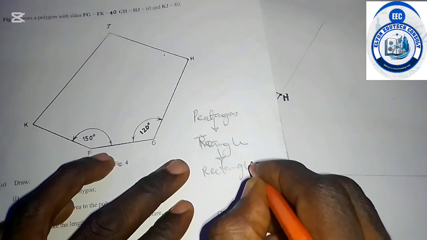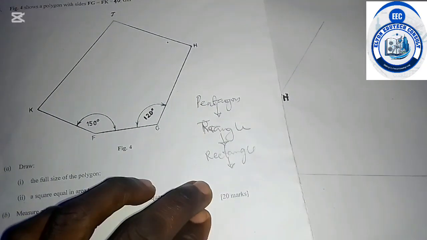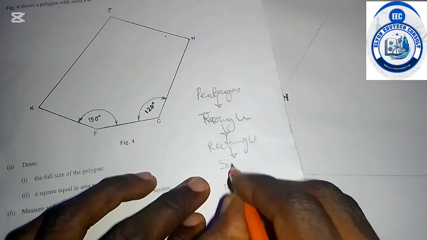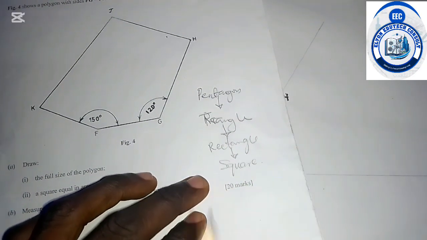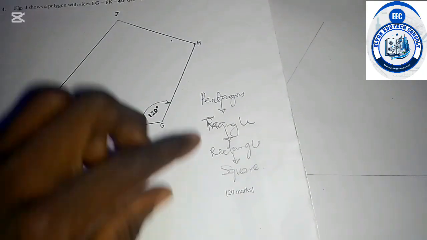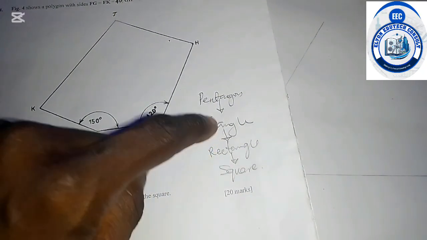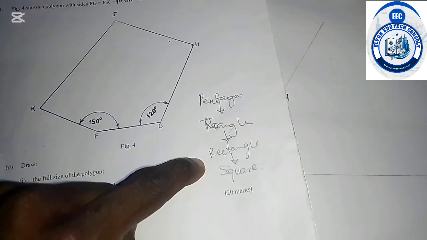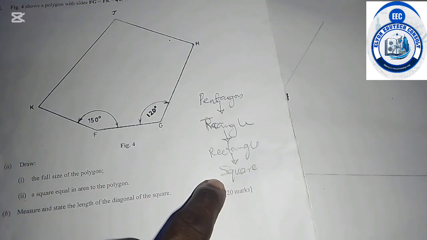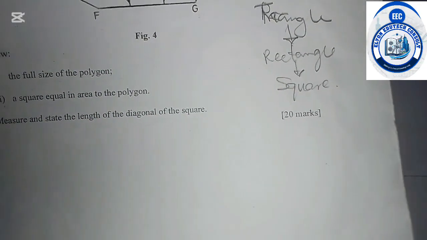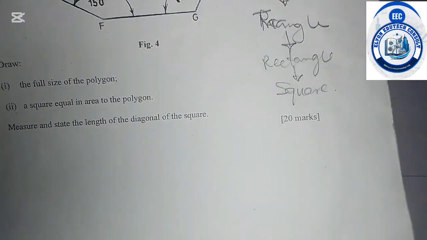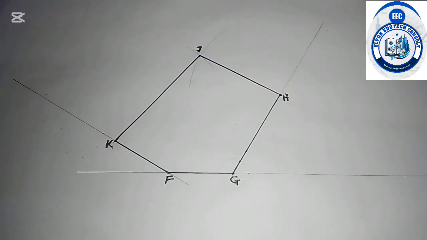Then from this rectangle we proceed to a square. So this is the process that is involved. We convert the pentagon to a triangle first, from triangle we get a rectangle, then from the rectangle we get our square, before we can talk about measuring and stating the diagonal of the square. So let's quickly do that now without wasting time.